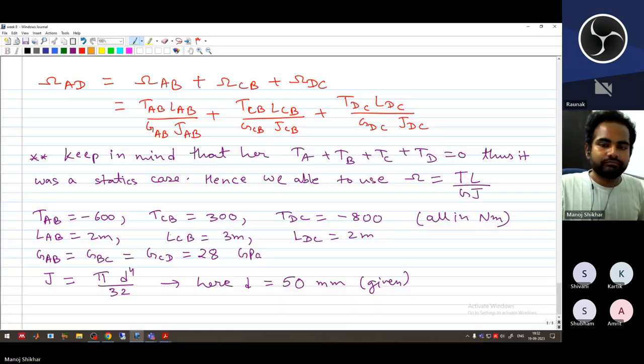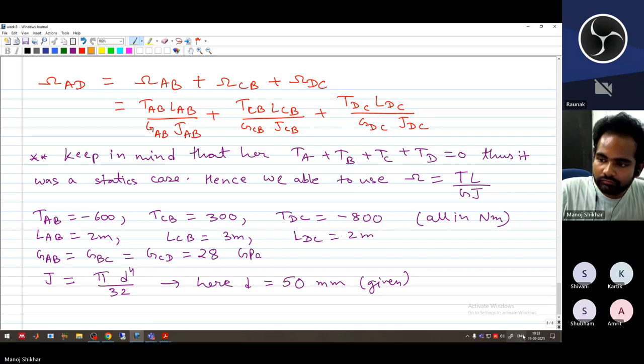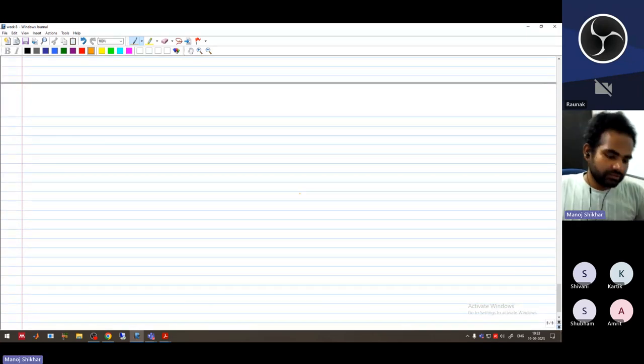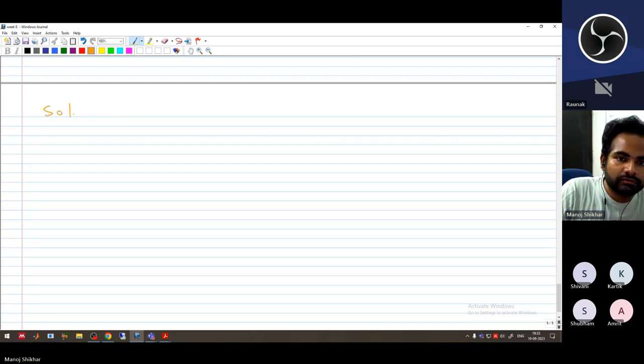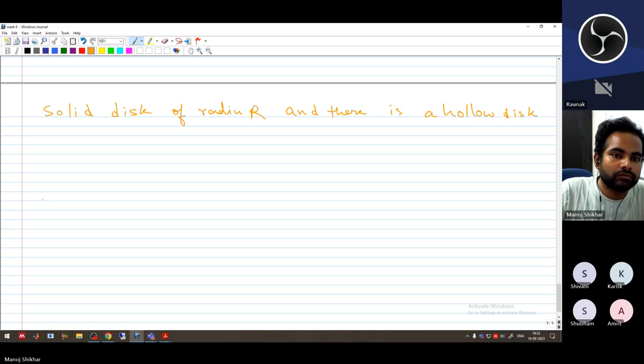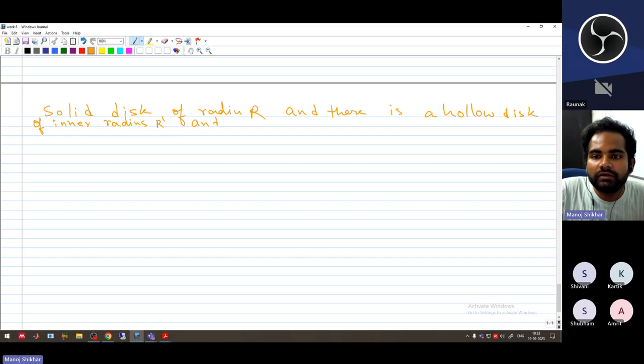So the question is, they have given you a solid disk of radius R, and there is a hollow disk of inner radius r1 and outer radius r2.